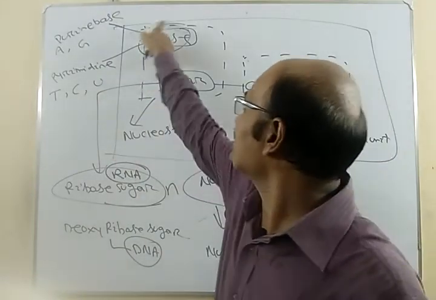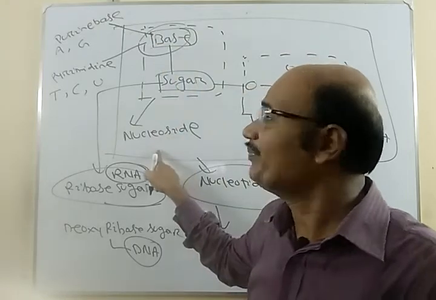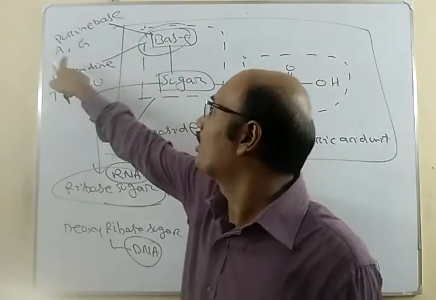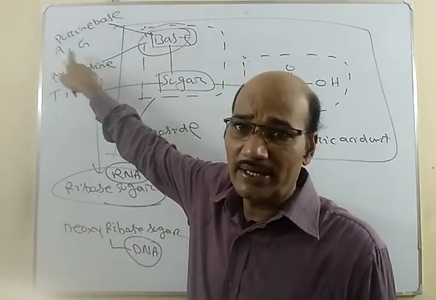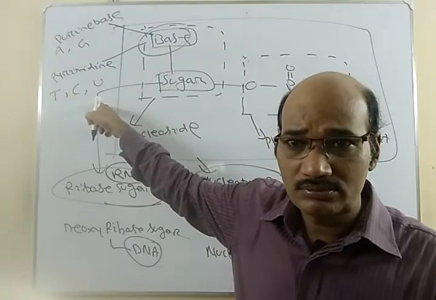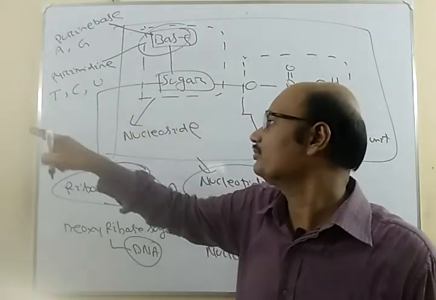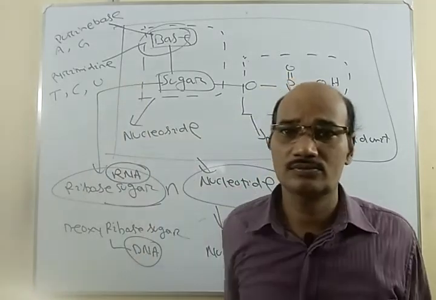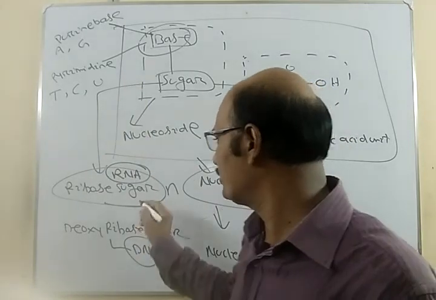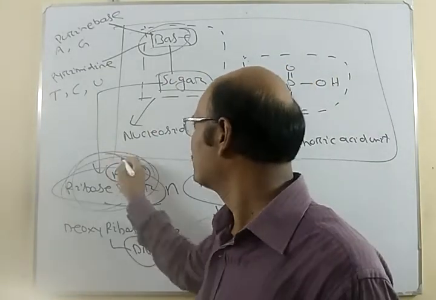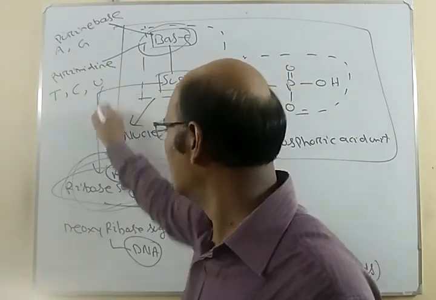The base unit present in the nucleoside may be a purine base, that means adenine, guanine, A and G. Or it may be a pyrimidine base, that means thymine, cytosine or uracil. So when we have RNA, this contains the uracil base.